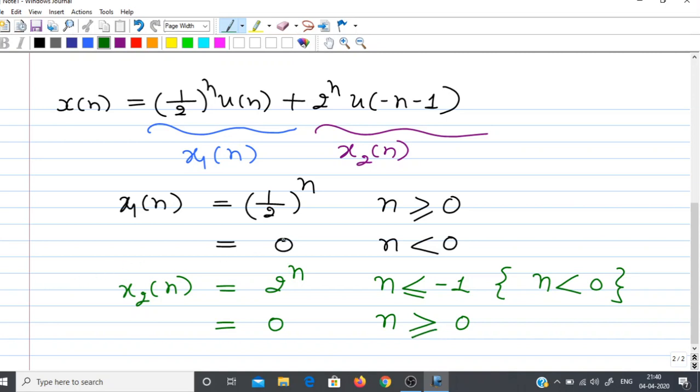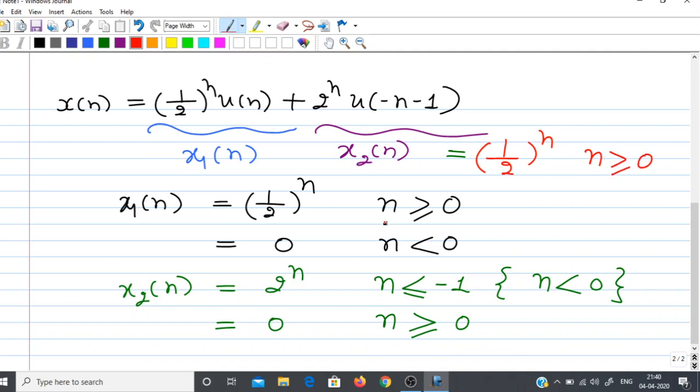So only x1[n] is non-zero for n greater than or equal to 0. If you add these two sequences for n greater than or equal to 0, you will get x[n] equal to half to the power n for n greater than or equal to 0.